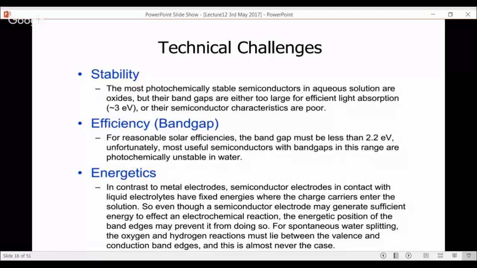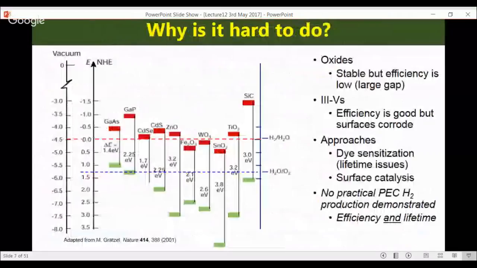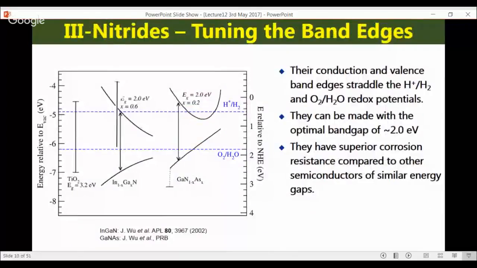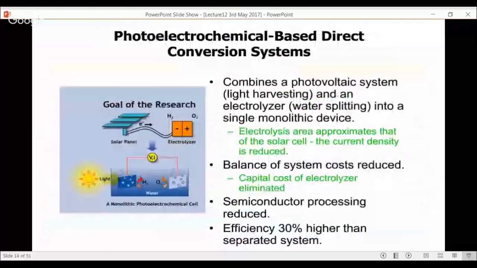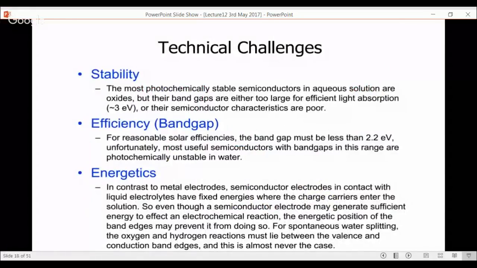This is almost never the case. We have already seen this picture. Only a few semiconductors straddle the conduction band edge and valence band edge between the hydrogen evolution potential and oxygen evolution potential.